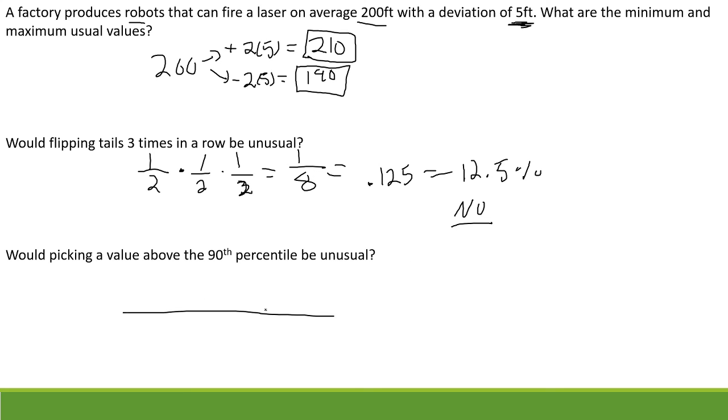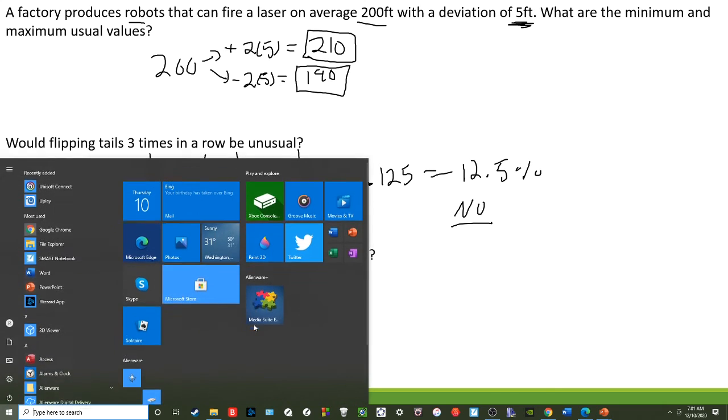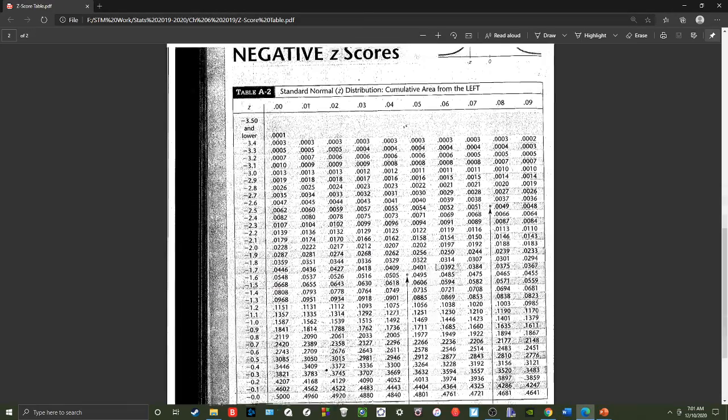So here, again, let's draw this picture. So above the 90th percentile. Here's my value. I'll put my z-score here. Here's 0.9. Here's 0.1. So we want to pick one of these values. Well, let's look up in my table what the z-score would be. So 0.9, as close as I can get.